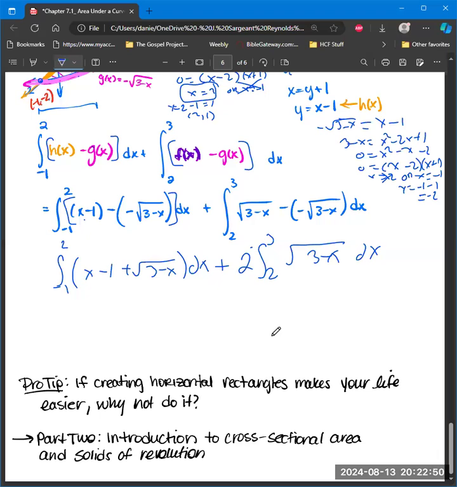We want to take something that's two-dimensional, spin it around an axis of rotation, and make something three-dimensional. The line that we're going to spin it around is going to be perpendicular to our representative area.